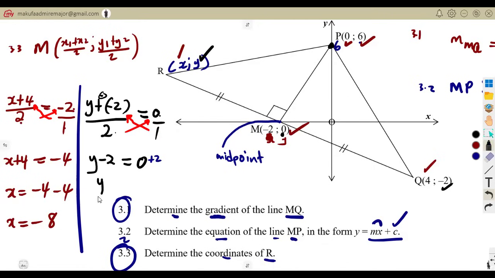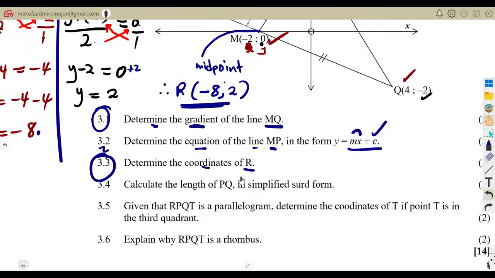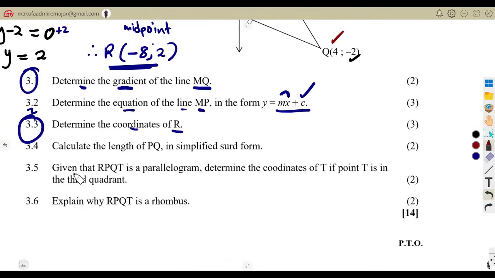So y is equal to 0 plus 2, which is 2. Therefore, the point R that we need, remember a point is made up of x followed by y. x is minus 8 and y is 2. So that's our point R there. All right, just like that, we need another question.